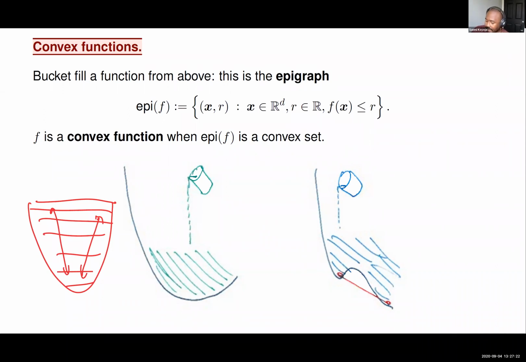However, if I take a line like this one on the right, so I won't redraw it, again, I can draw the epigraph, which is all the points above it. And now if I try to check whether this set is a convex set or not, I can easily find 2 points that are within the set, but the line between them is not within the set. And so this is not convex. And this is convex. Okay, so this is an example of convex and non-convex functions.